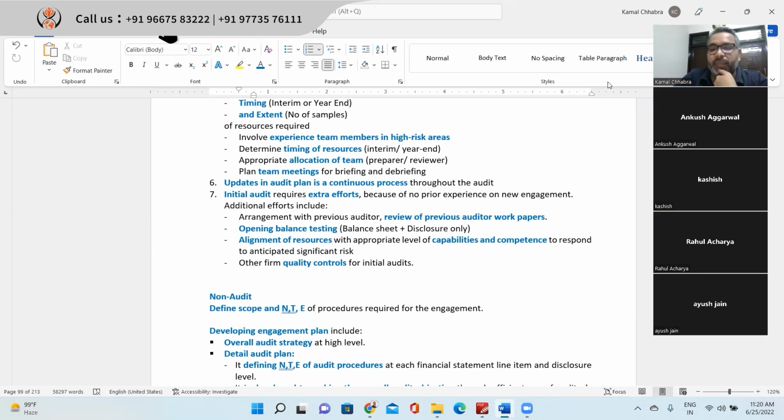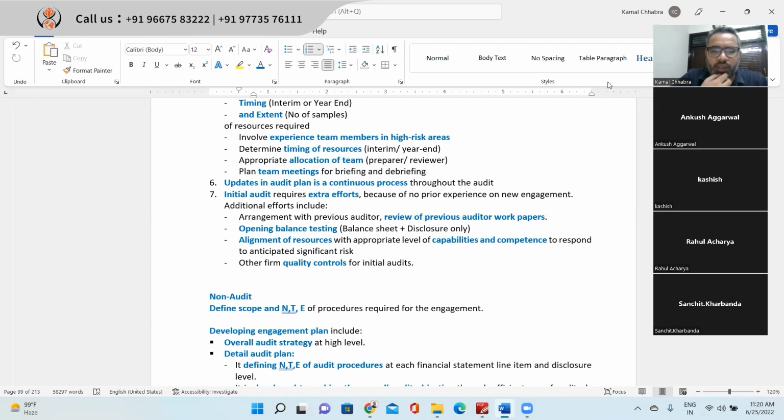That may be on account of auditor rotation: the previous firm resigned, or the previous firm was not able to give an opinion on the financial statements, or it is the first time the client is getting audited. So we would be unaware of the business environment, and it requires a lot of additional effort from the auditor's side.